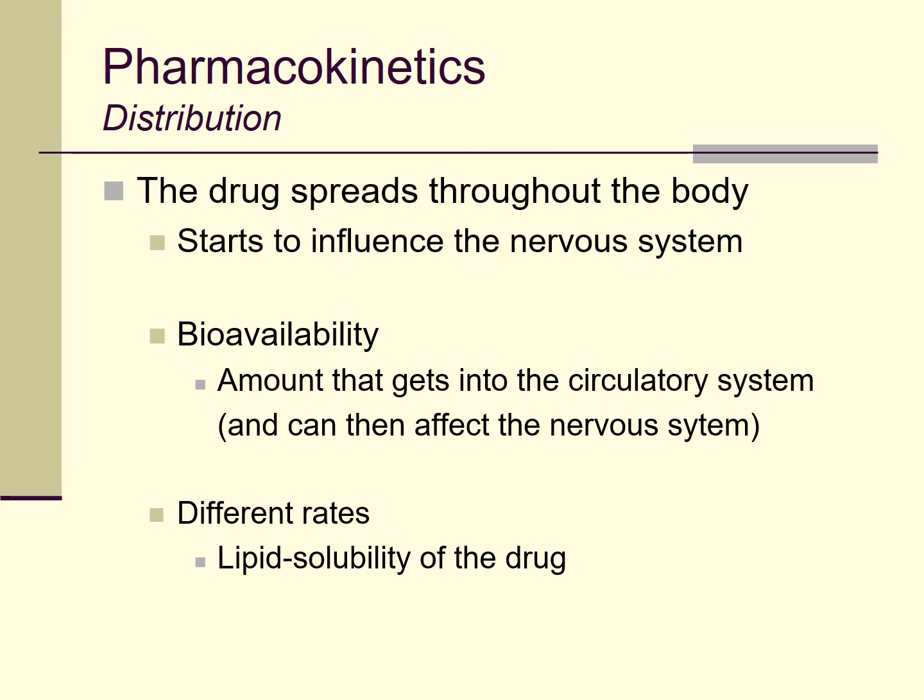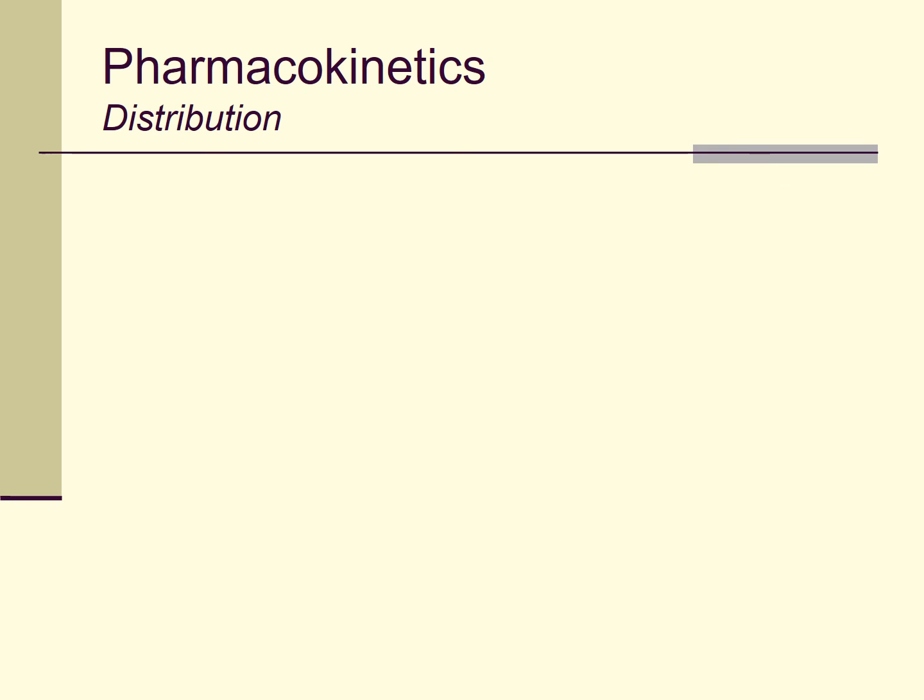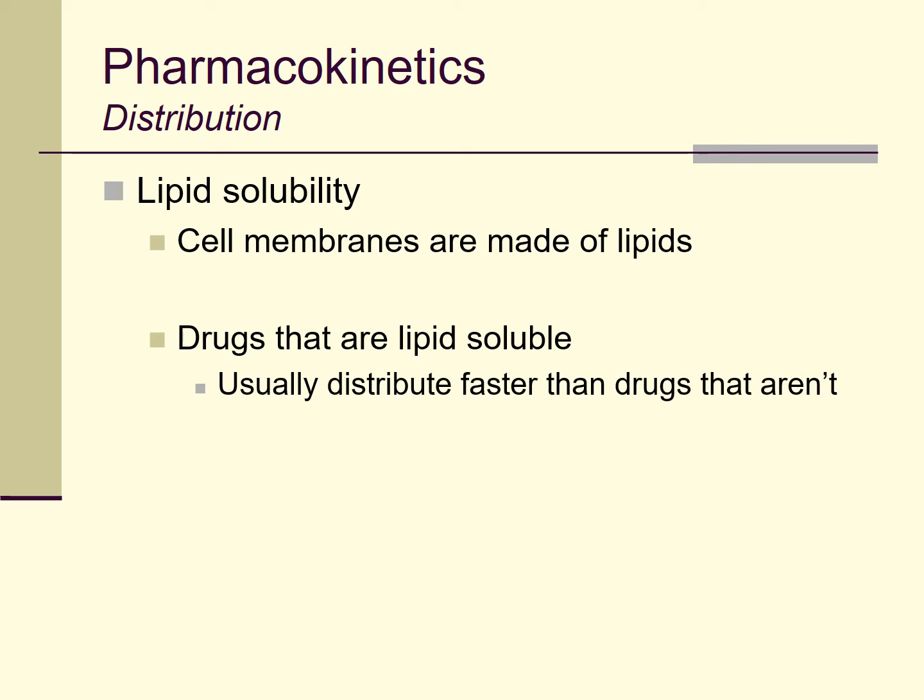Another thing that can affect the distribution of a drug is how lipid soluble the drug is. That is to say, how well it's able to dissolve through tissues in your body which have fat content in them. If you've taken a good biology class or even a good psychology class, you're probably familiar with the basic structure of cells.